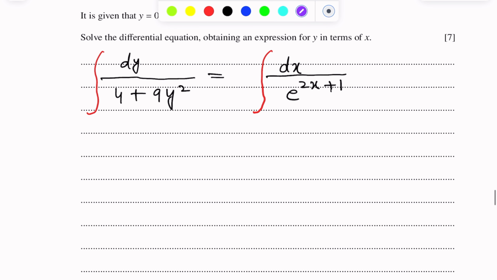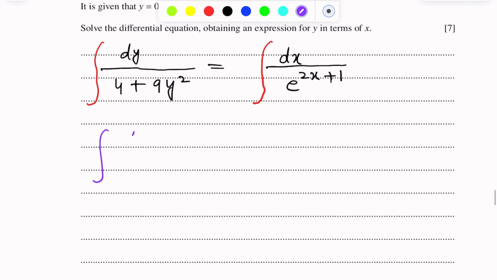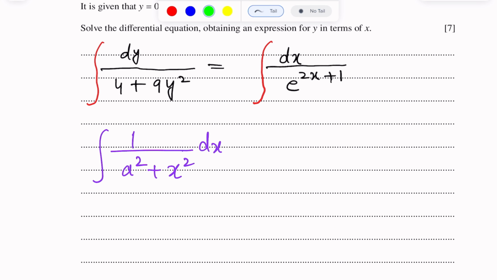We use this general formula: integral of 1 over a square plus x square, with respect to x. Clearly, a is a constant value and x is a variable. Squares on both terms. The integration of this will be 1 over a tan inverse x over a.